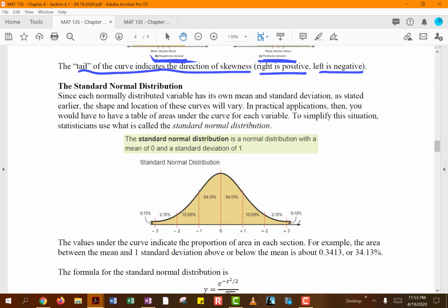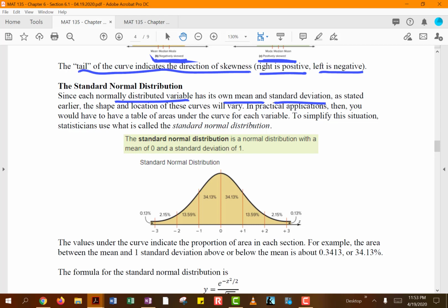So since we know that each normally distributed variable can have its own shape and position of the curve, right? Because each normally distributed variable would have its own curve based on its own mean and standard deviation.